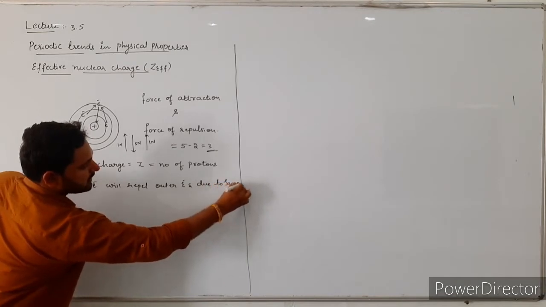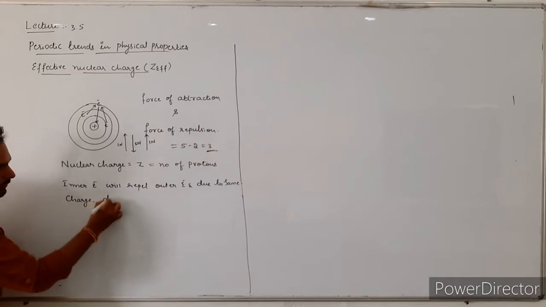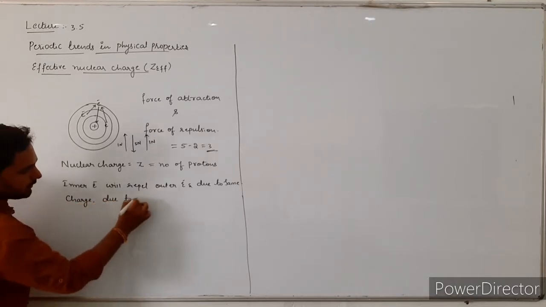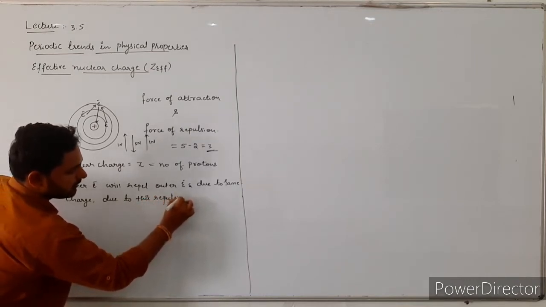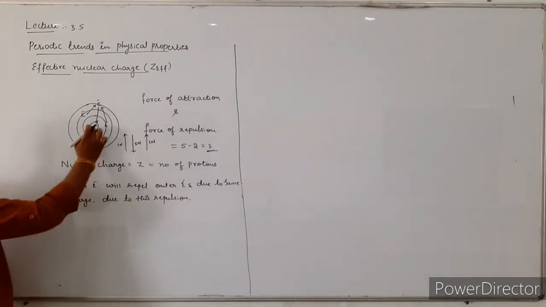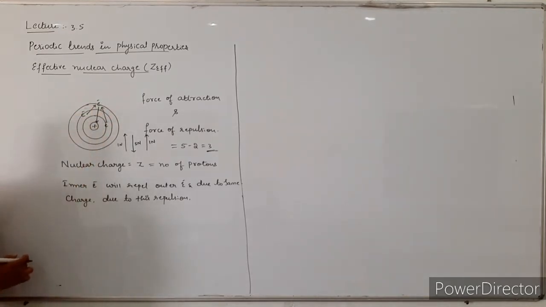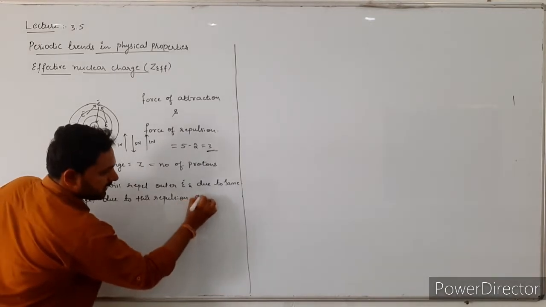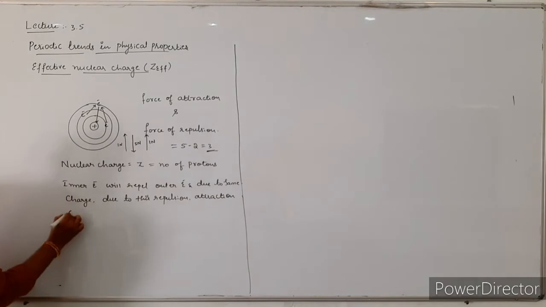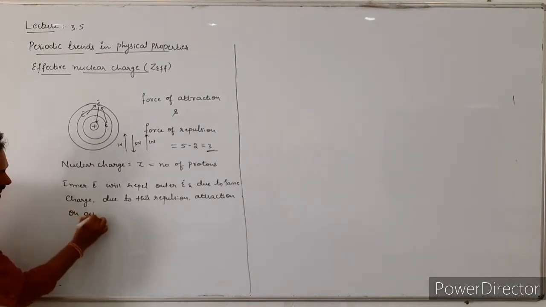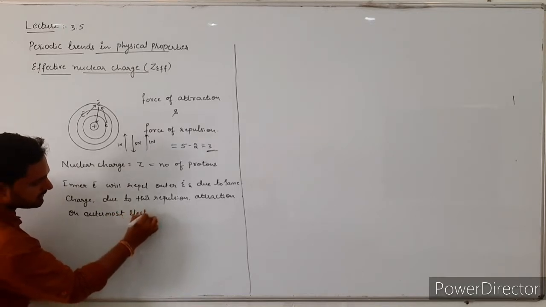Due to this repulsion, the nuclear attraction on the outermost electron decreases.